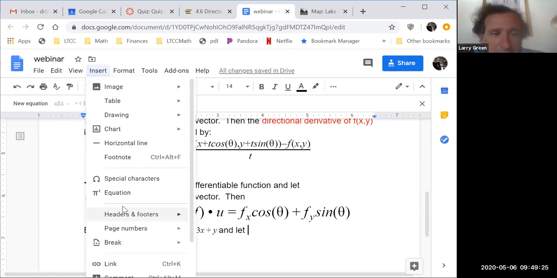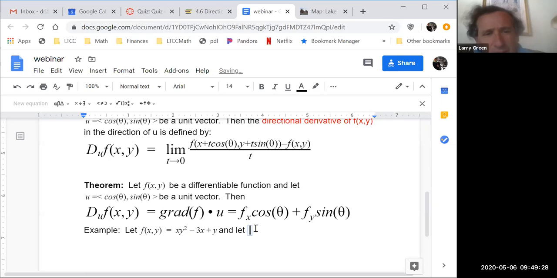Hopefully that's obvious. Most things we do are differentiable. And let's suppose that u is equal to, how about the vector 1 over 2, comma, square root of 3 over 2.